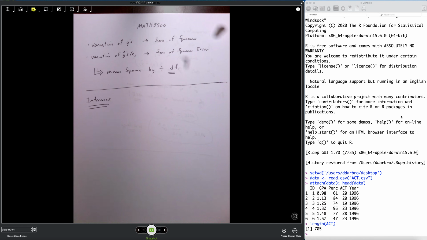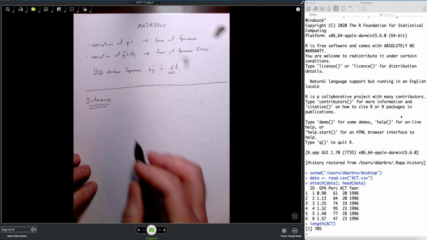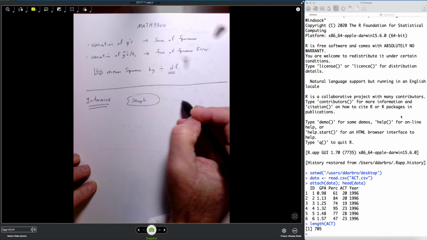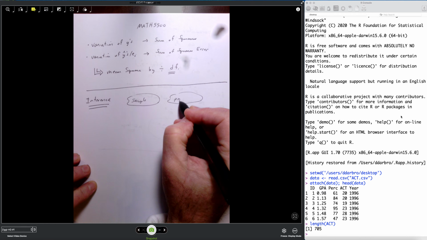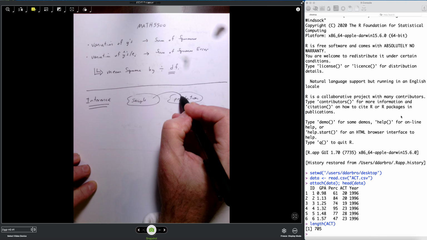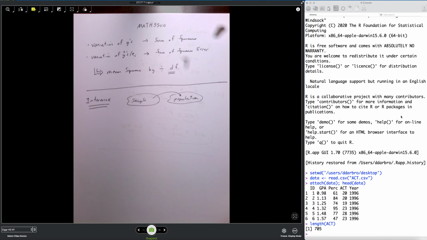All right, completely shifting gears now. We want to look at inference for our betas. If you recall, statistics has a whole lot to do with examining the relationship between samples and populations.